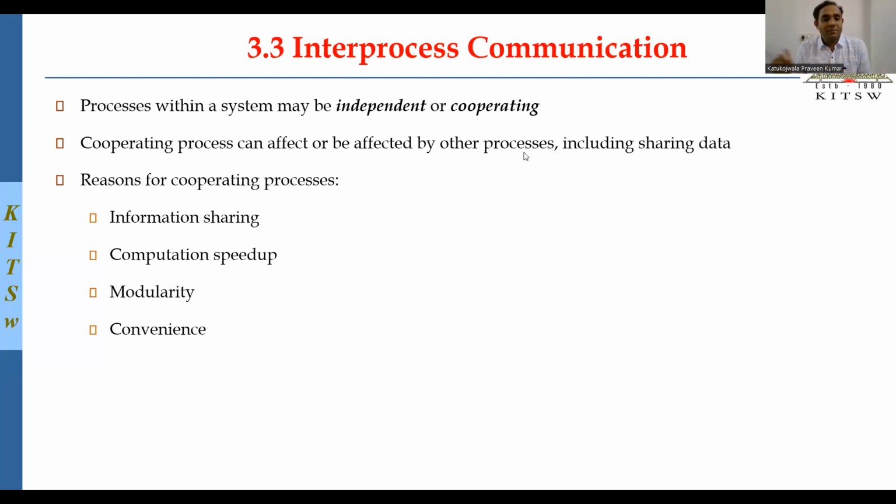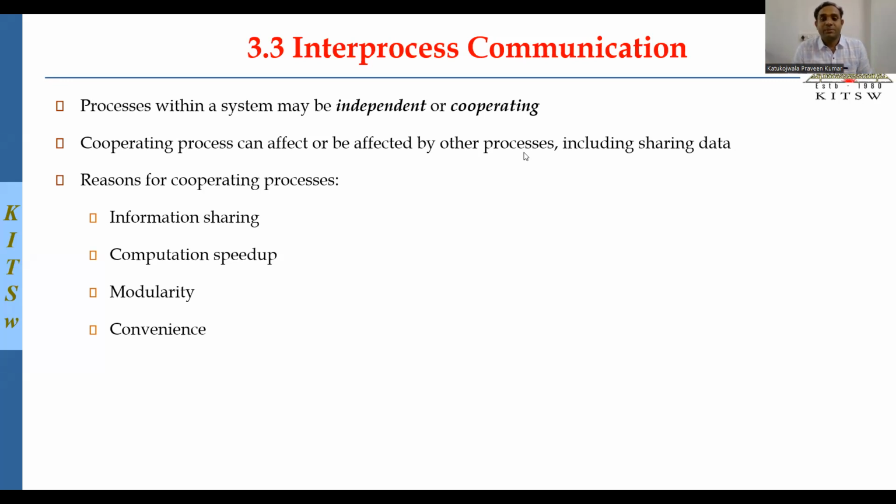The first one is information sharing, then computation speedup, modularity, and convenience. What is information sharing? Since several users may be interested in the same piece of information, we must provide an environment to allow concurrent access to such information.